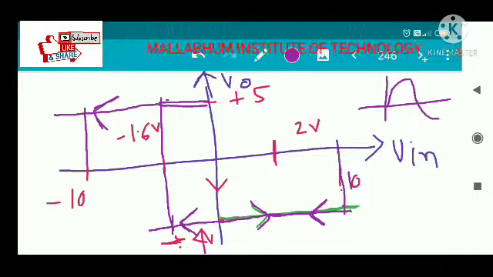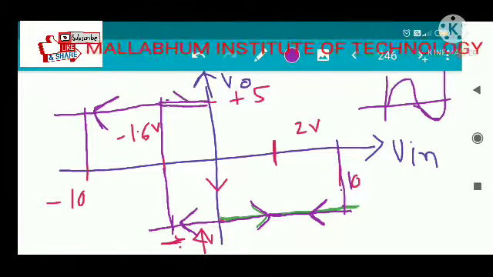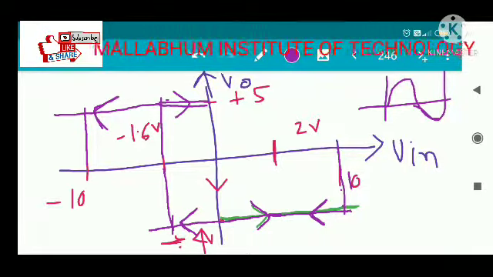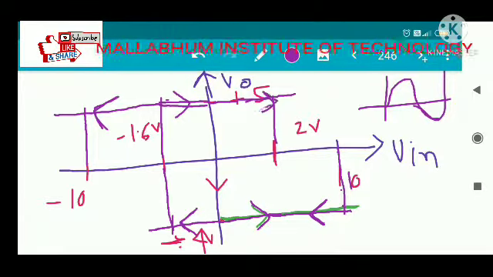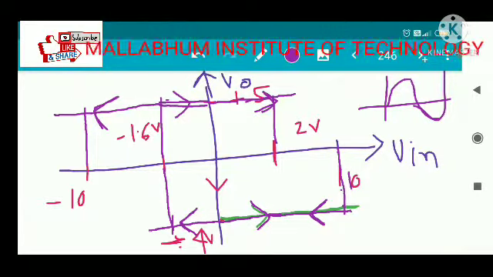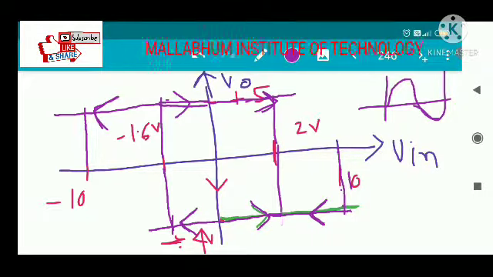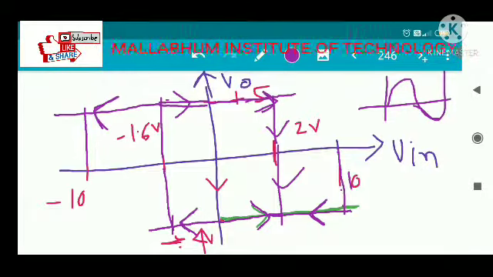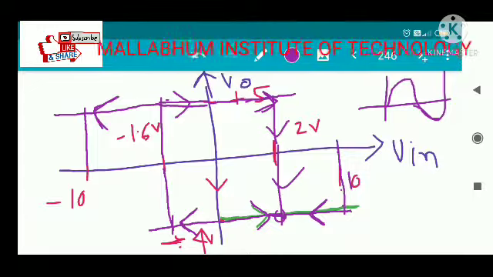Then again the input is going to increase in that direction, until the input crosses the plus 2 volt line. When the input crosses the plus 2 volt line, the output will switch back to minus 4 volt.